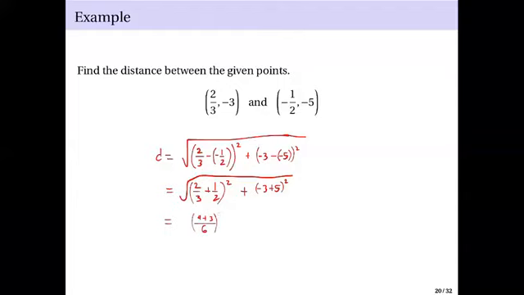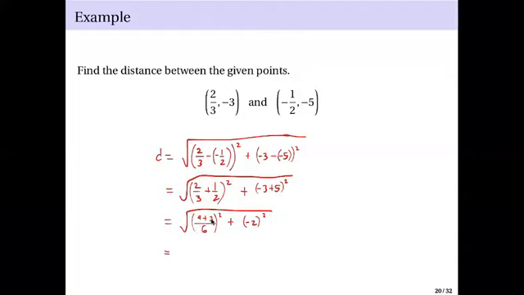Then you want to square this. And then for this guy, you just have minus 3 plus 5. That's minus 2. Then you square this. You get the square root of all these. So in here, you have 4 plus 3, that's 7. Then you square it, that's 49.